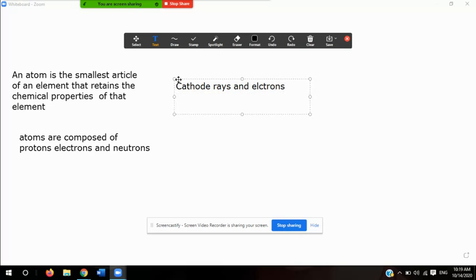Basically, the electron wasn't discovered until the late 1800s.